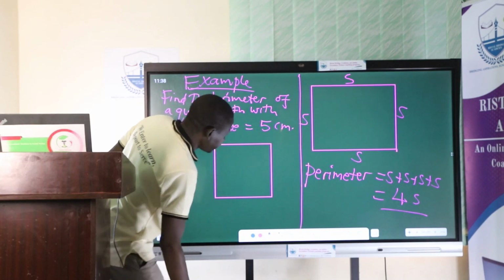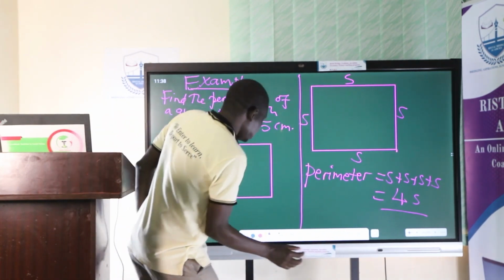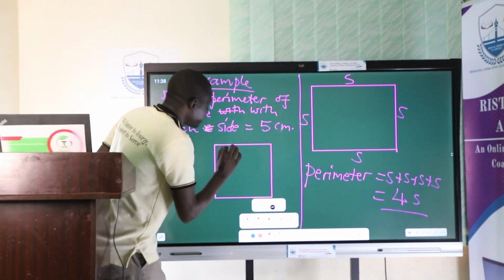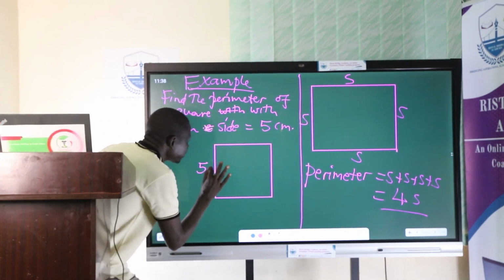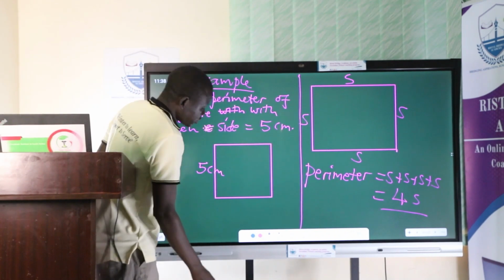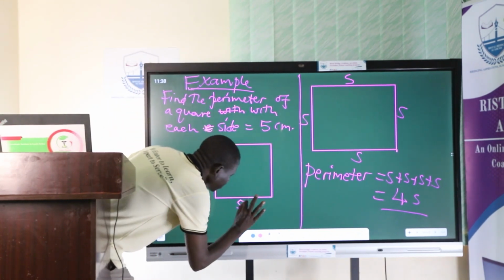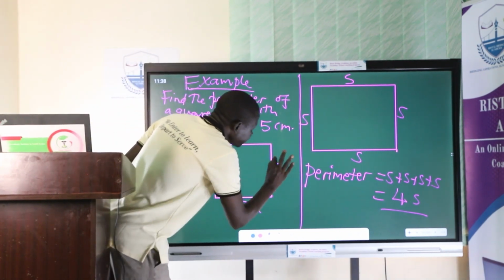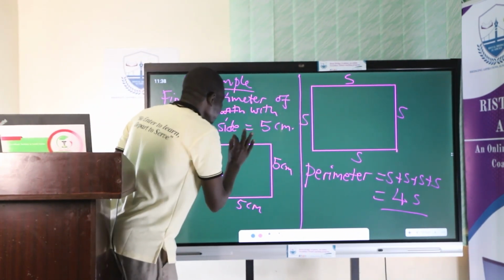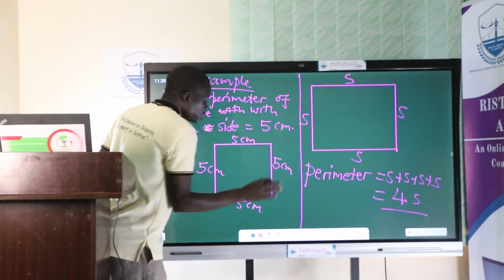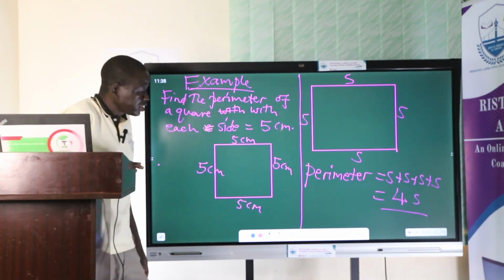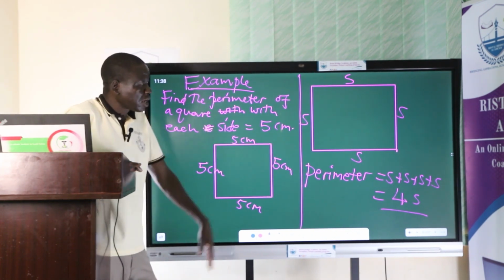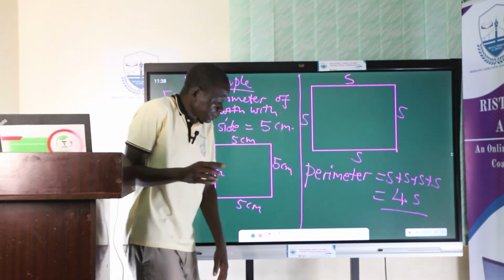They are saying each side is 5 centimeters, meaning that this is 5 centimeters, this one is also 5 centimeters, this is also 5 centimeters, and this one 5 centimeters, because for the square, all sides must be equal. Then we can now apply the formula.